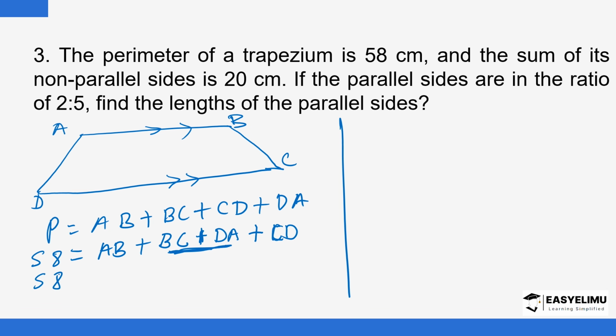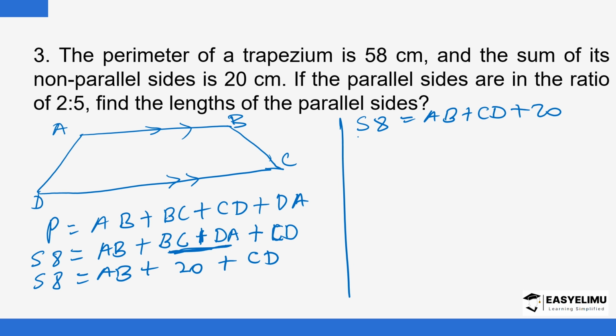So we have again 58, which is equal to AB plus CD. Now AB, we don't know what it is, so I'll just write it. But I know what BC plus DA is, the sum of the non-parallel sides, 20. So 58 is equal to AB plus CD plus 20.